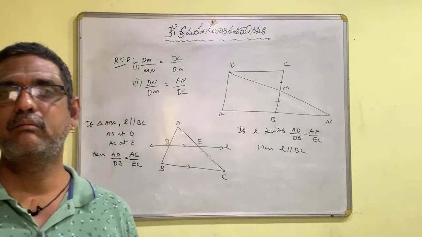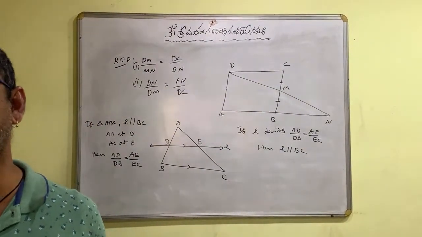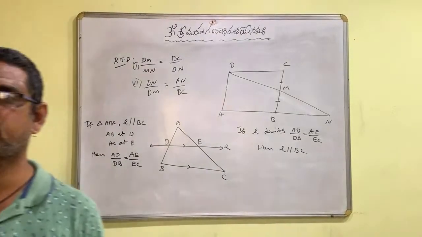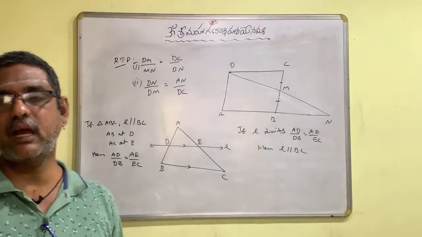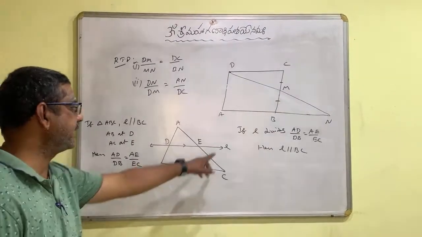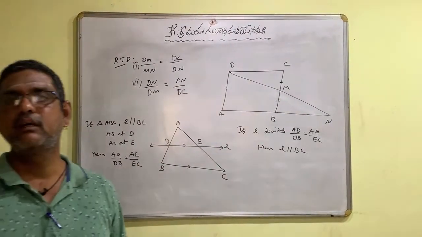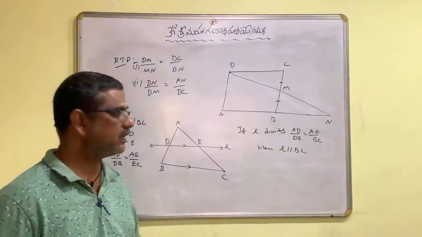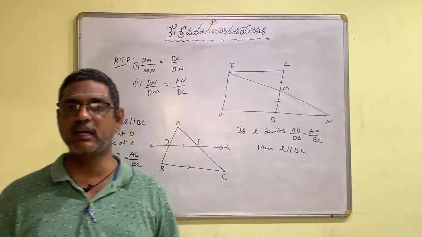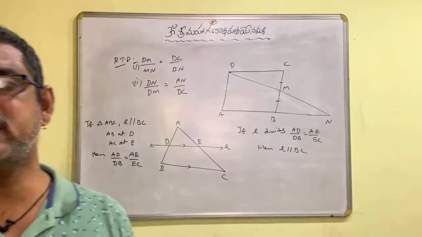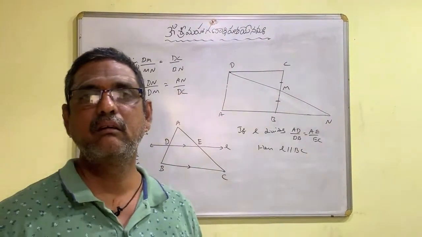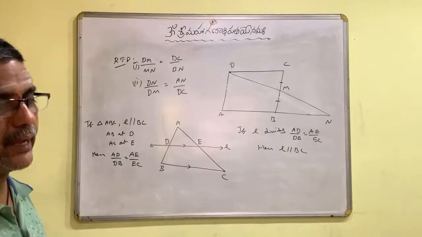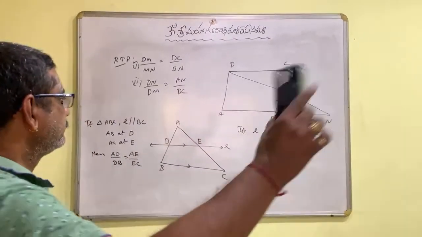Basic proportionality and its converse, you need to observe both. If a line divides two sides of the triangle in the same ratio, then it is parallel to the third side. That is the converse.